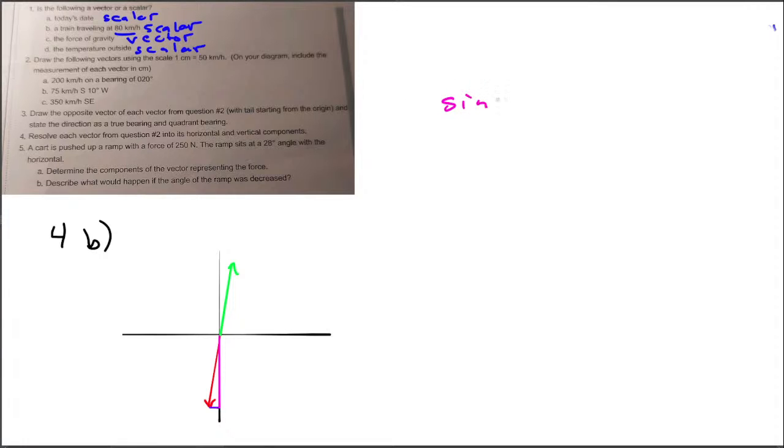So the sine of 10 degrees is equal to the side we're looking for, let's call it the x of B, over 75 kilometers. Oh, let me just not write the units. And then same thing, I'm going to multiply both sides by 75. And these cancel. So let me punch this into the calculator.